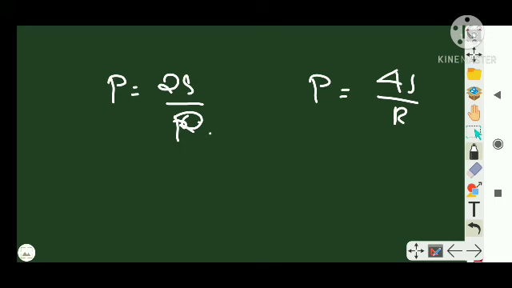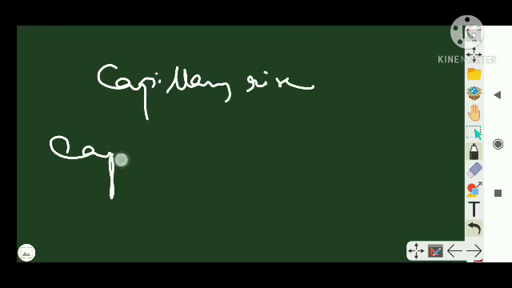Now, let us move on with capillary rise. This is the last topic of the chapter. Where did the word capillary come from? Capilla is actually a Latin word and it means hair.